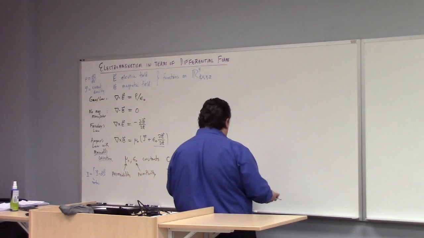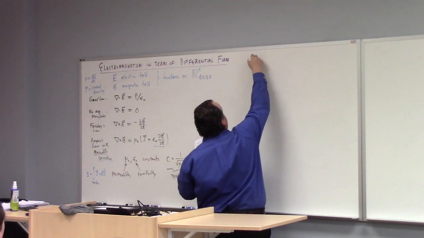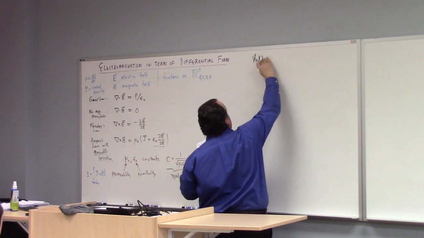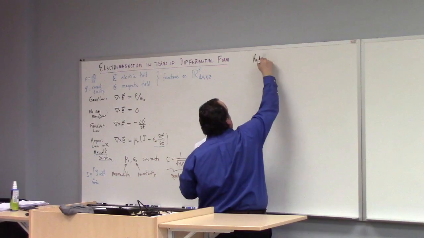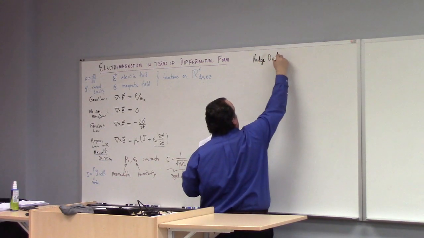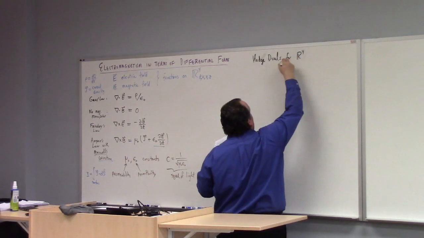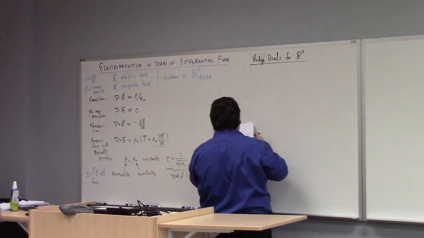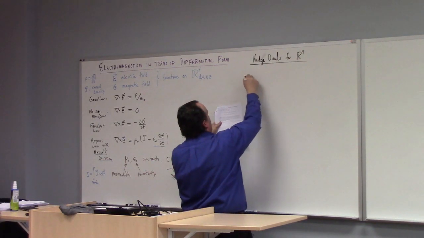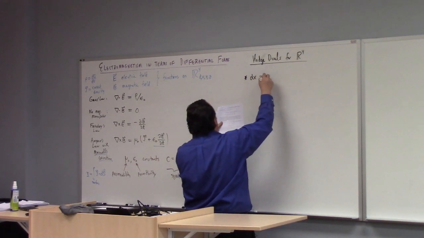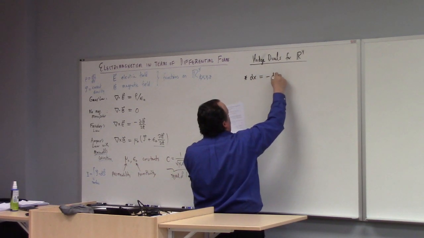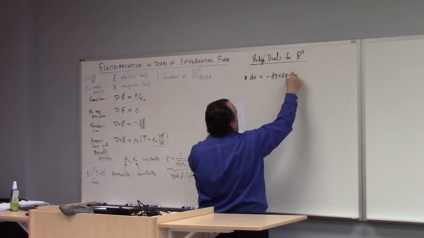So how does Hodge duality go? It turns out that the Hodge dual of dx is minus dy wedge dz wedge dt.